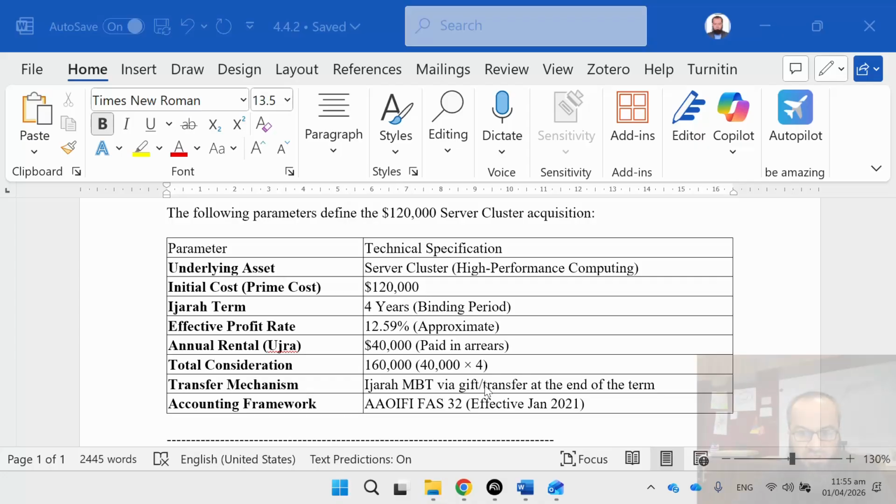We shall see both entries, and we are going to see the accounting treatment under FAS 32, and the underlying effective return method we have to demonstrate. So the underlying rate is 12.59% when 40,000 is taken as an annuity for a present value of 120,000 for a period of 4 years.